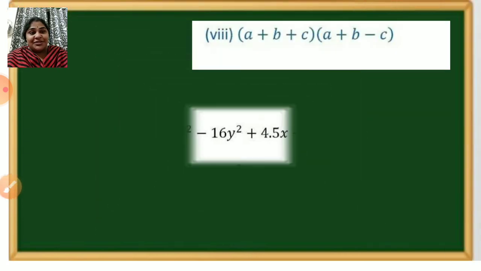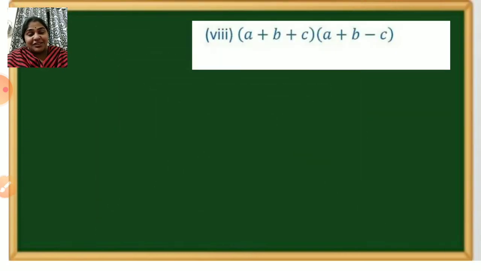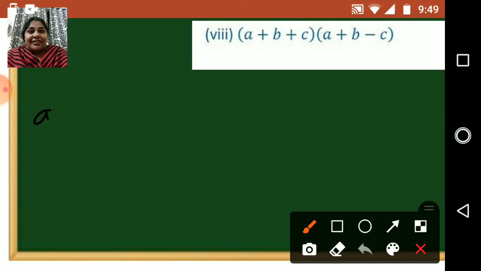Now let us proceed with the last sum, that is the 8th sum of this exercise. A plus b plus c multiplied by a plus b minus c. Very easy, children. Each and every term of the first bracket you have to multiply with each and every term of the second bracket. That is, you will write a, the first term from the first bracket, multiplied by a plus b minus c.